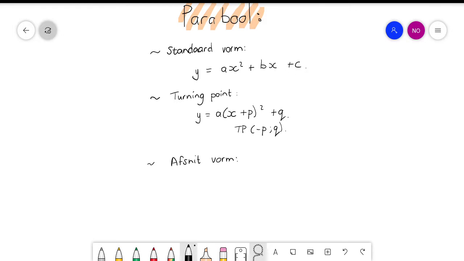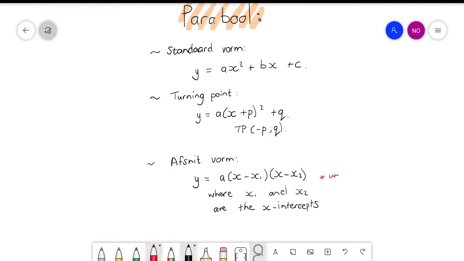En die laaste ene is die afsnitvorm, the intercept form. Okay, so ons kom later by daai ene uit.